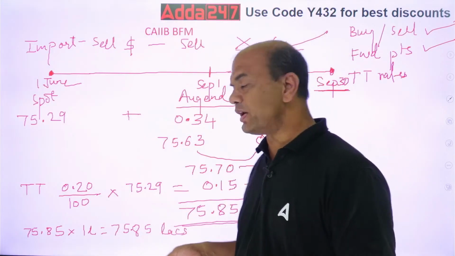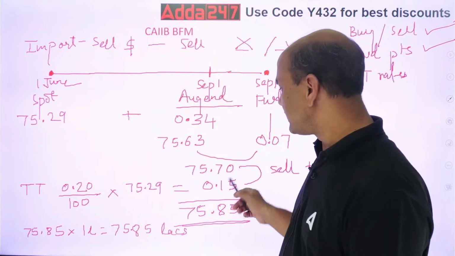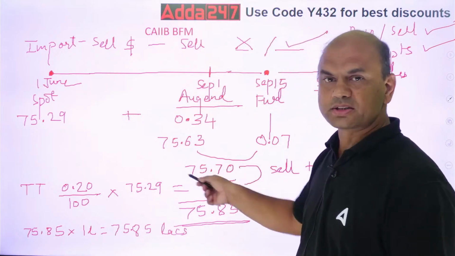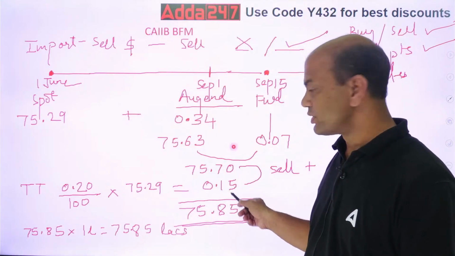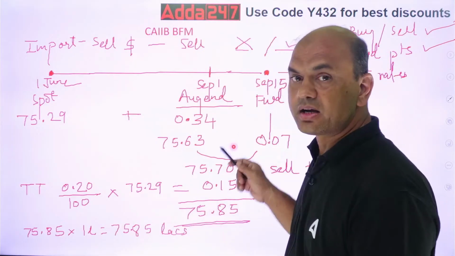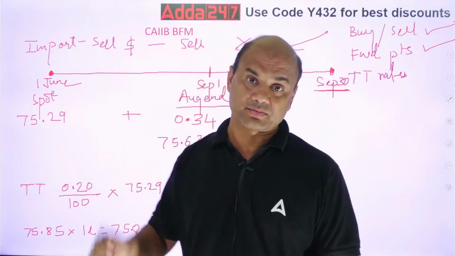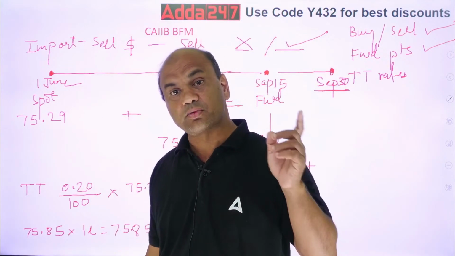So that's why we always add it while selling. Now add it: 75.70 plus 0.15 is 75.85. This much is the rate to be quoted to the customer for the import.